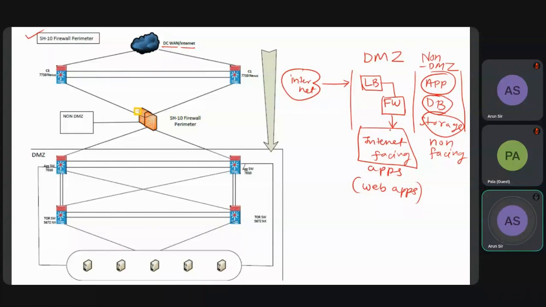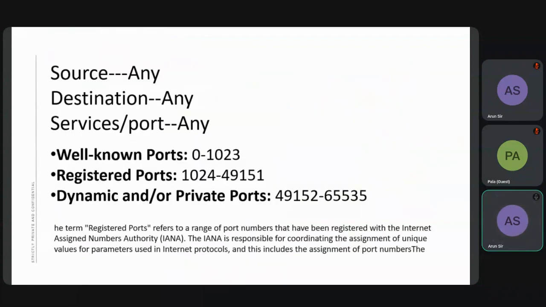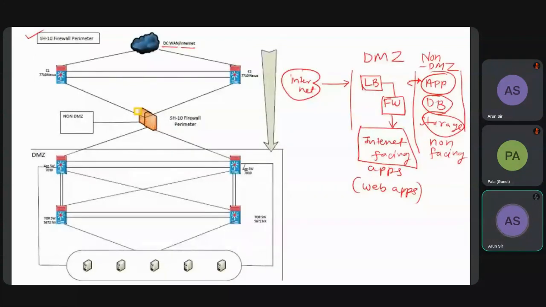So first the internet is coming, everything is going here. If anything is required, then that communication will be between DMZ and non-DMZ. There should not be any communication from the internet to non-DMZ directly. That is why the firewall will keep this separation. So we know where the DMZ is, where the non-DMZ is, and accordingly, your servers and systems are available here.